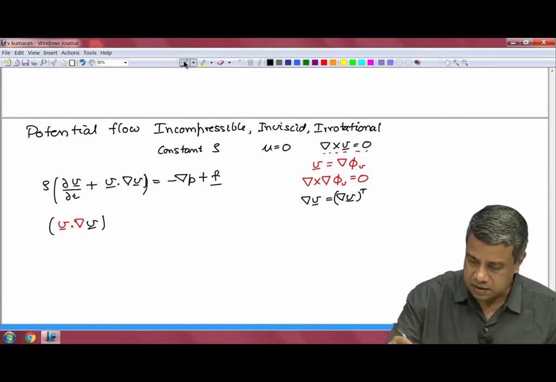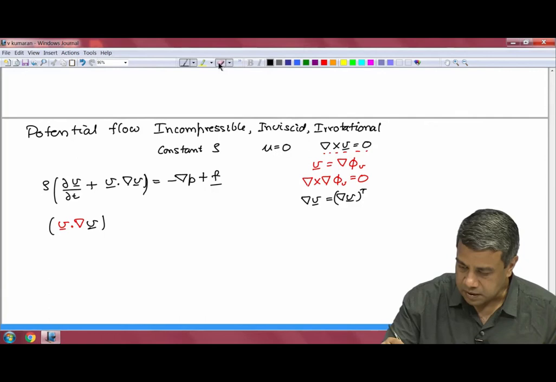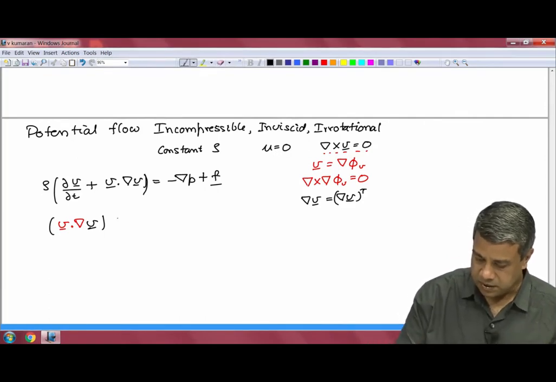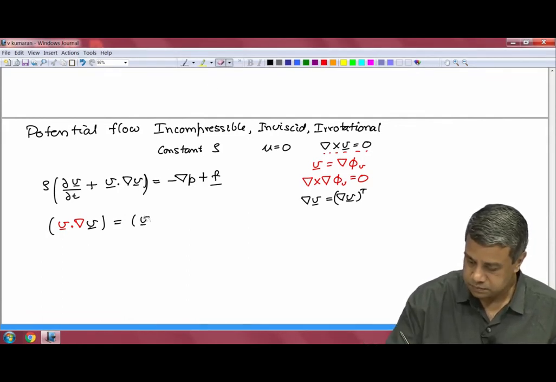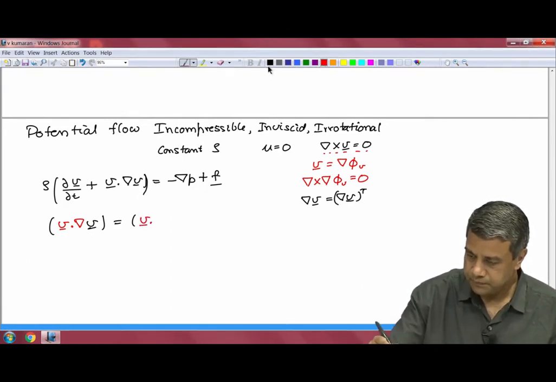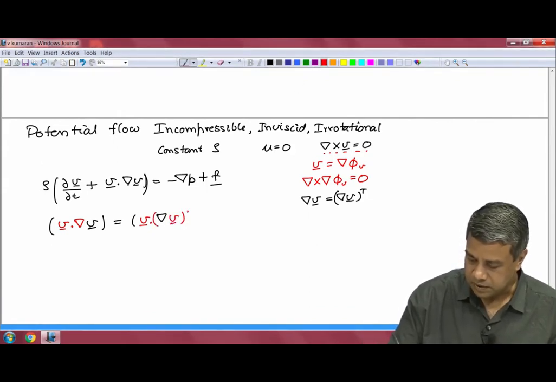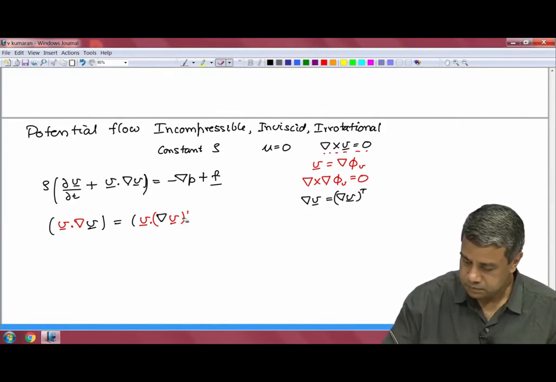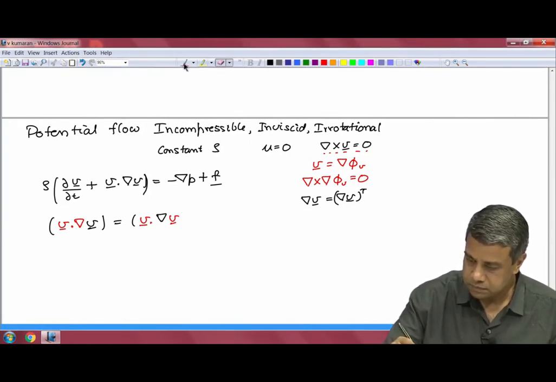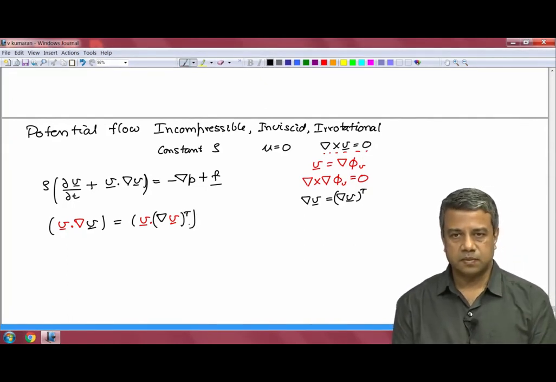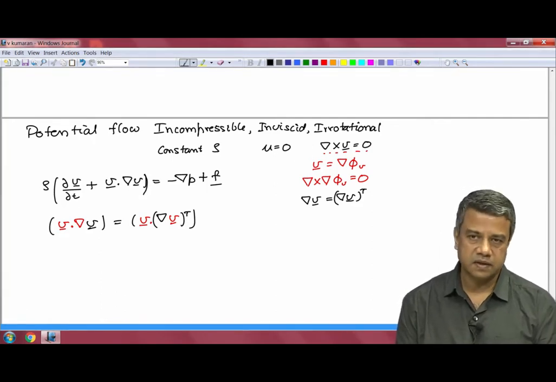So, I can as well write this as a dot product between V and grad V whole transpose, in which case the dot product is between the velocity and the velocity. The gradient is the direction of the vector.